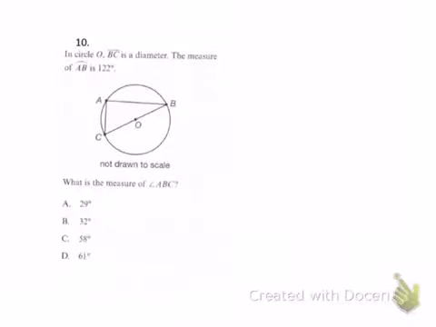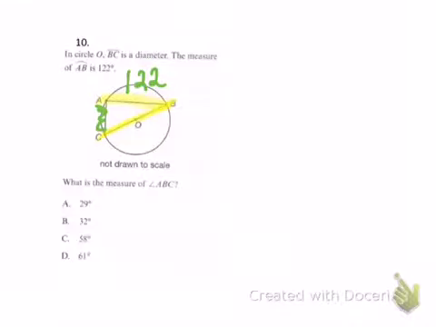Number 10, in circle O, BC is a diameter, and the measure of arc AB is 122. Now, to me, it helps if you put that on the picture. The question wants to find the measure of angle ABC, which would be this angle. And that angle is not intercepted by the arc. This is the intercepted arc.